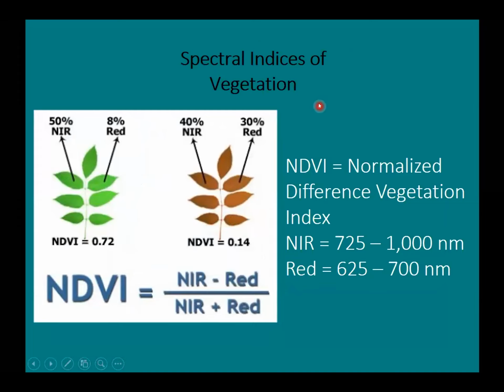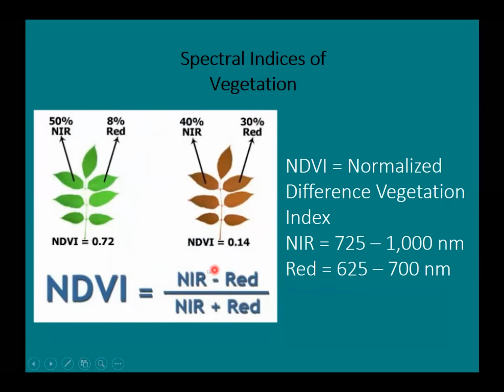And you can derive an infinite number of indices from the information that you collect from these sensors. Probably one of the most common indices that we use for vegetation is called the normalized difference vegetation index. And it's based on what I just showed you in the prior figure.